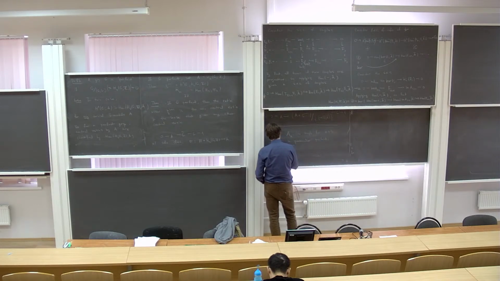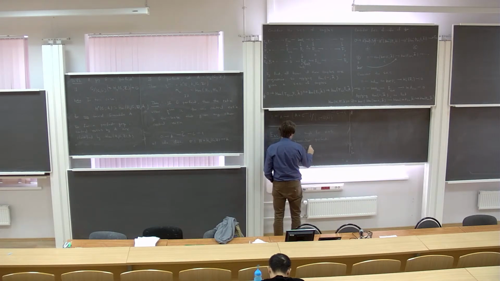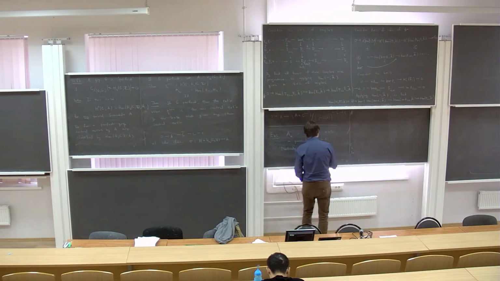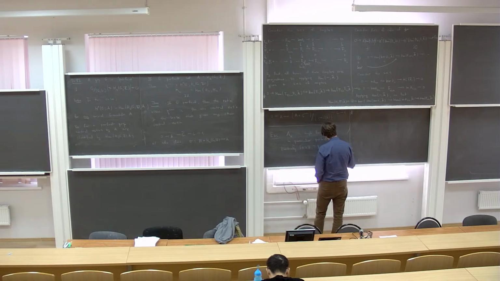And eventually, I think it's n greater than or equal to 7. It might be n greater than or equal to 6. H2 of the alternating group with coefficients in Z turns out to be Z mod 2.